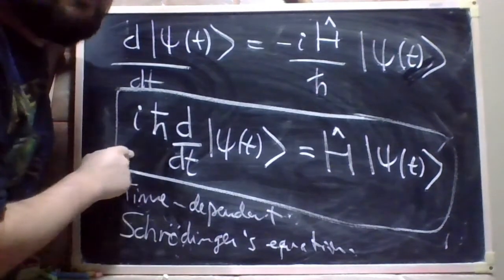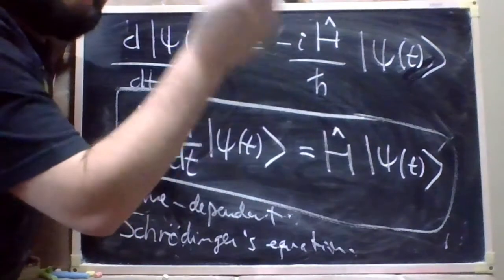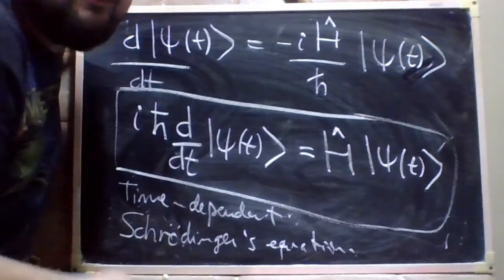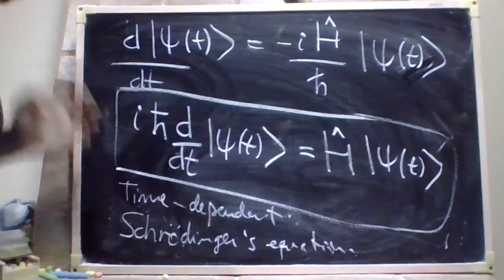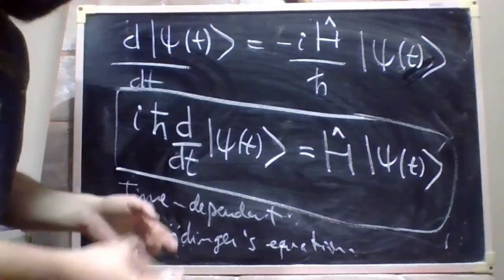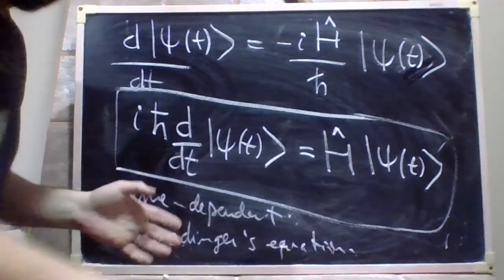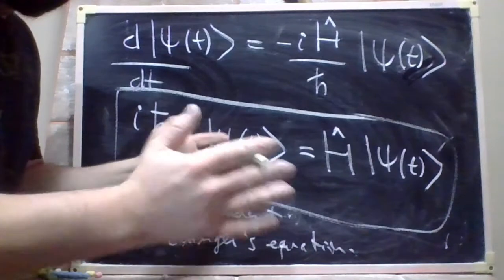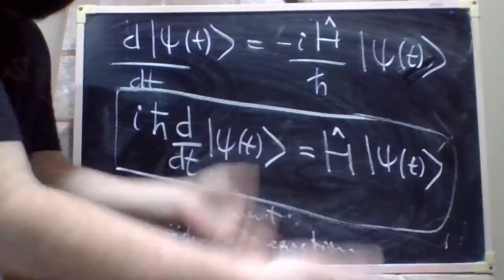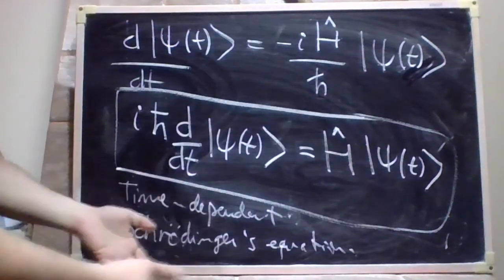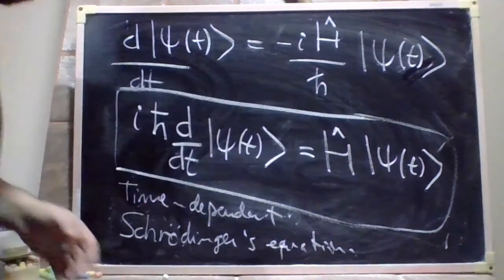And this equation just implies that your time evolution operator is unitary, which just implies that the state vectors don't change the size, don't change the modulus, all right?